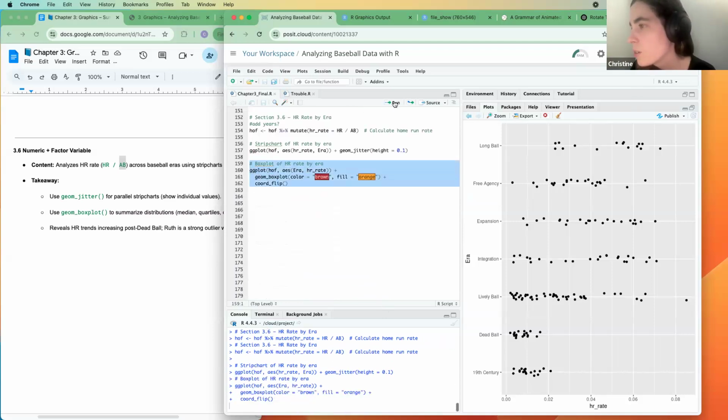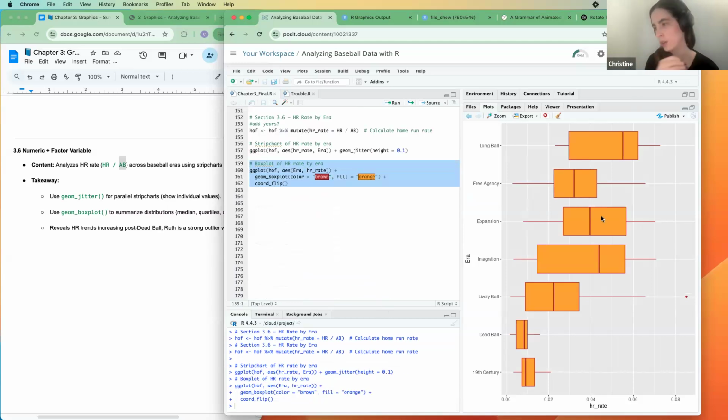Let's see how this graphic looks. Yeah, and then seeing a little bit more of that evolution and where there's spread versus a lot of similarity. Kind of telling a similar story to the strip chart, but maybe a little easier to see where the average is.